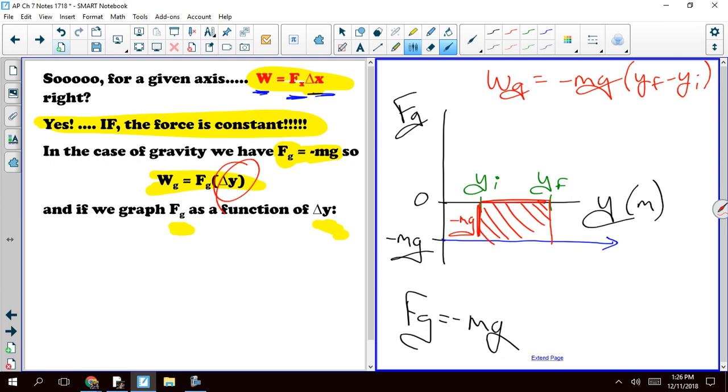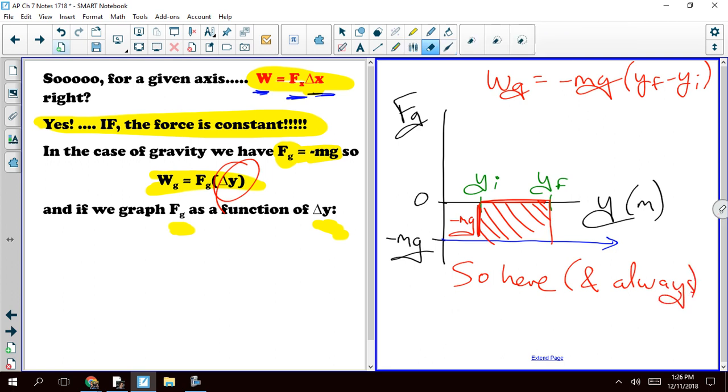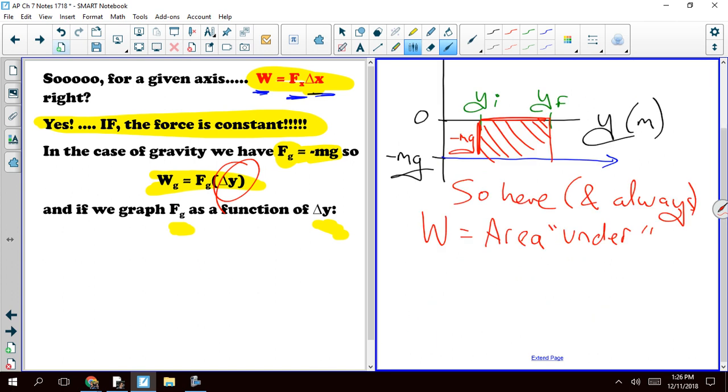It turns out to be true, always, that the work done by a force is equal to the area under the force as a function of position curve.